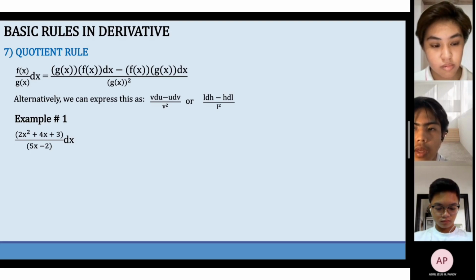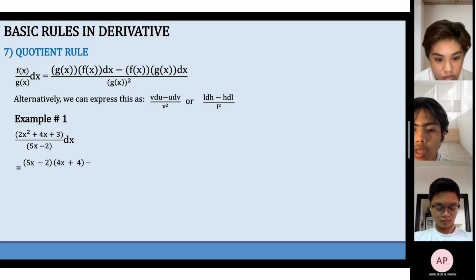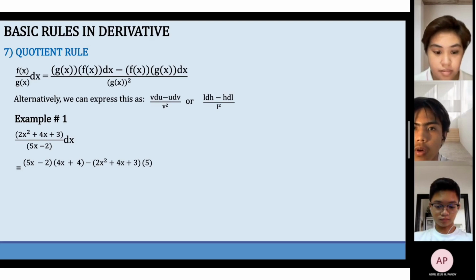First, copy the denominator times the derivative of the numerator, which is 4x plus 4. Then minus, copy the numerator multiplied by the derivative of the denominator, which is 5, all over the quantity 5x minus 2 squared. Then solve.